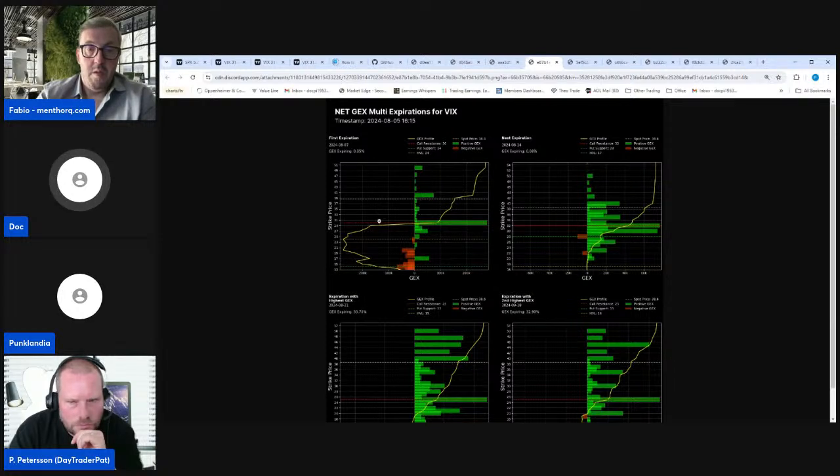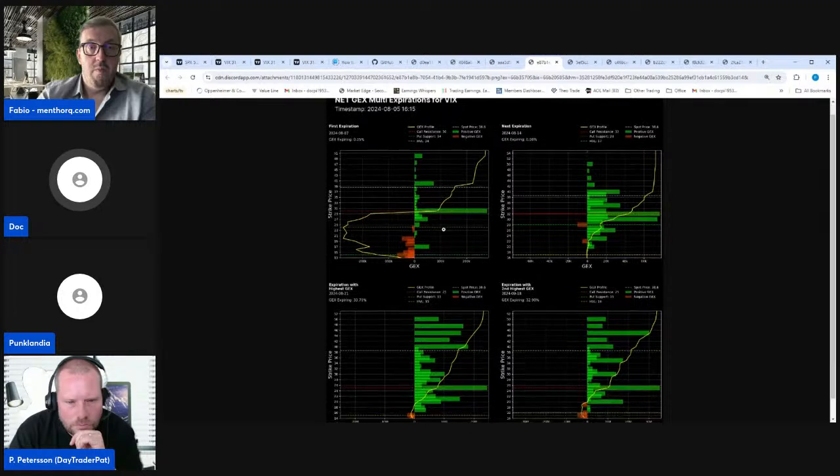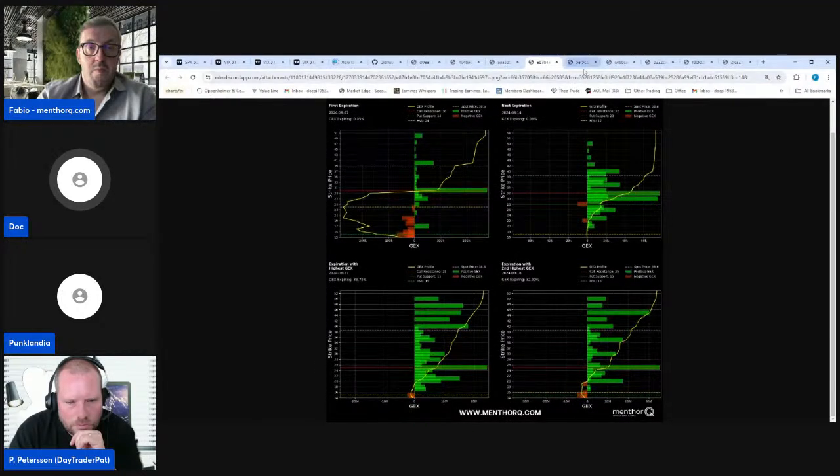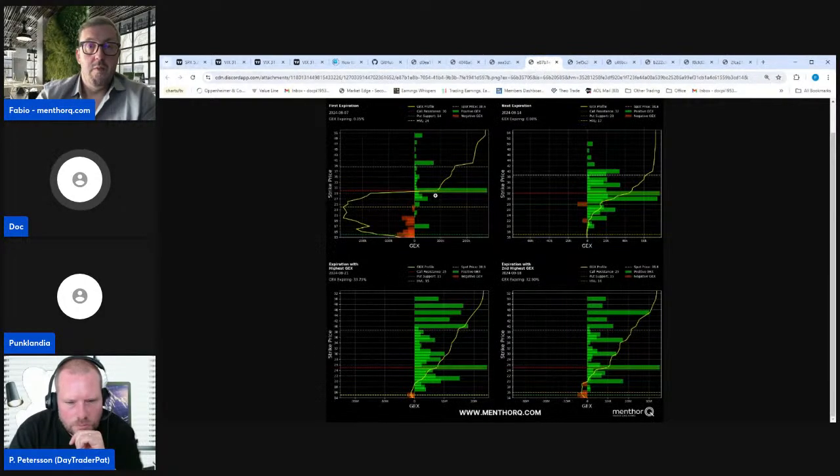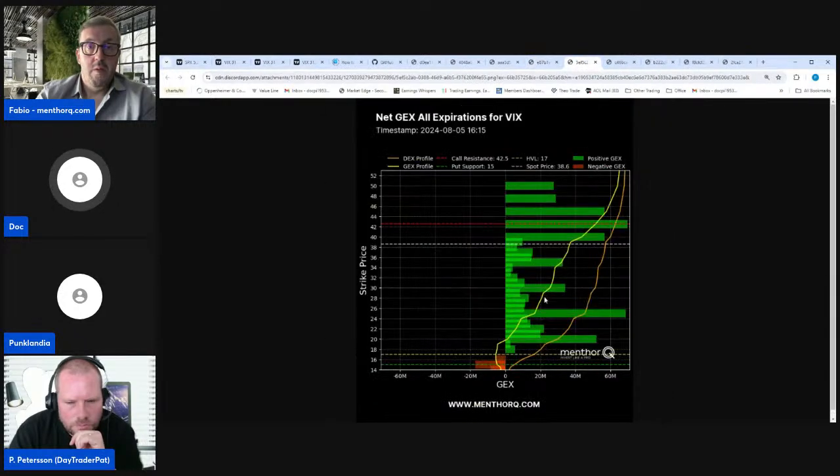So I want to see where the VIX inflection point might be. And we see we have an inflection point here at 30 coming up. And if we look at the overall complex of VIX, we have this level here at 25. So I first want to see VIX get below the 30 level. Then I want to see it, longer term, get below 25.